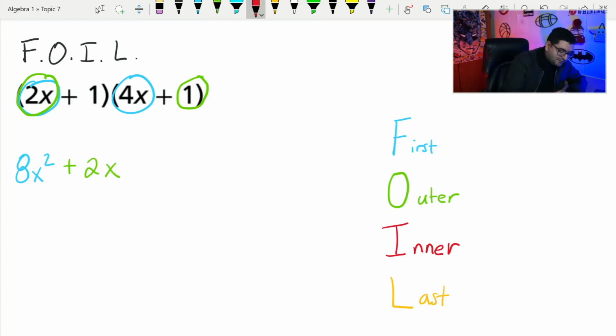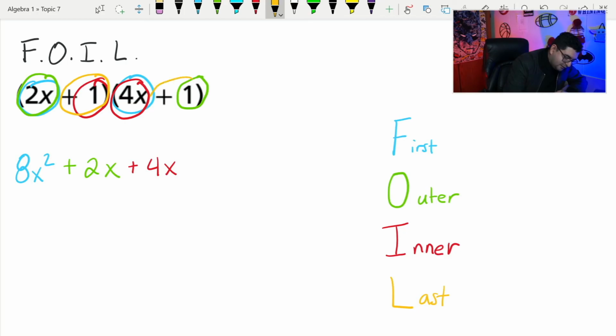I stands for inner, the terms that are on the inside, in the very middle. That would be the 1 and the 4x. So that would also be a positive 4x. Last, we're talking about the terms that are in the last spot for each binomial.